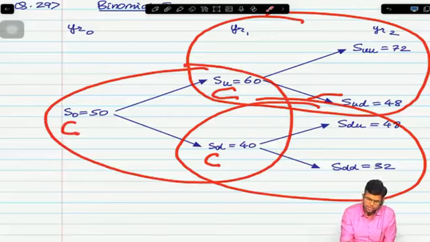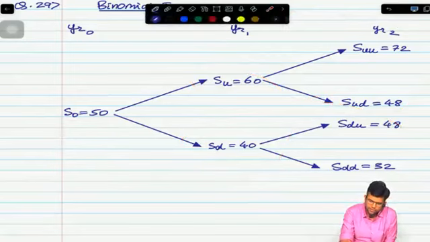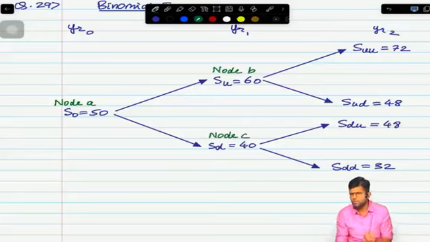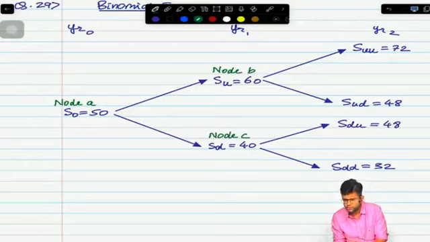So what I will do is, I will write down here, this is node A, this is node B, and this is node C. Okay? Node means point. I would like to first of all go for node B calculation. Everyone clear?